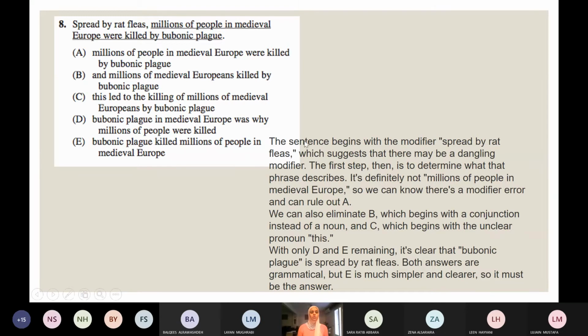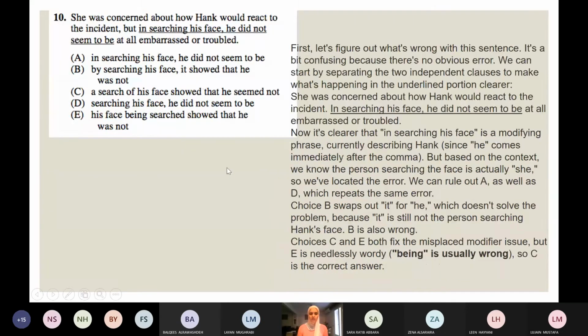Here, she was concerned about how Hank would react to the incident, but in searching his face, he did not seem to be at all embarrassed or troubled. She was concerned, she worried, about how Hank would react to the incident. So she was searching his face to see how his reactions would be.